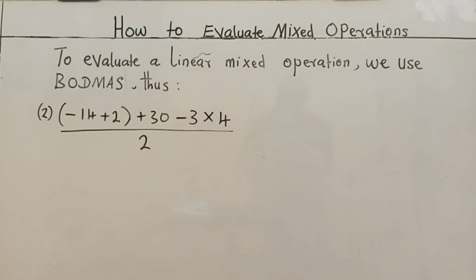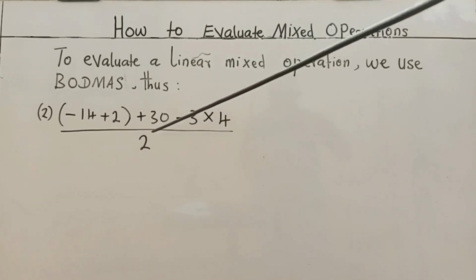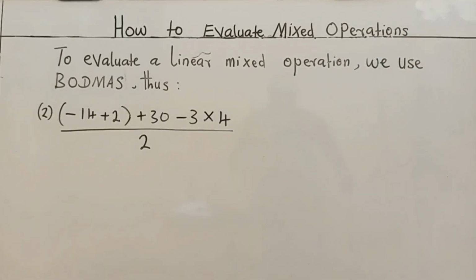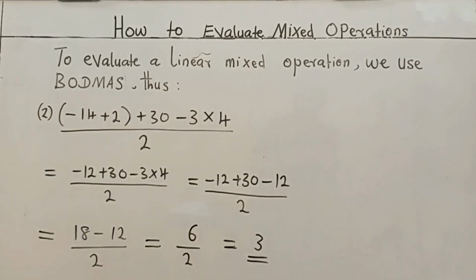Again, like before, let us use BODMAS to simplify minus 14 plus 2 plus 30 minus 3 times 4, so that we get one number which 2 will divide. Let's proceed. And that is what happens next. From here we have minus 12 plus 30 minus 3 times 4 all over 2.